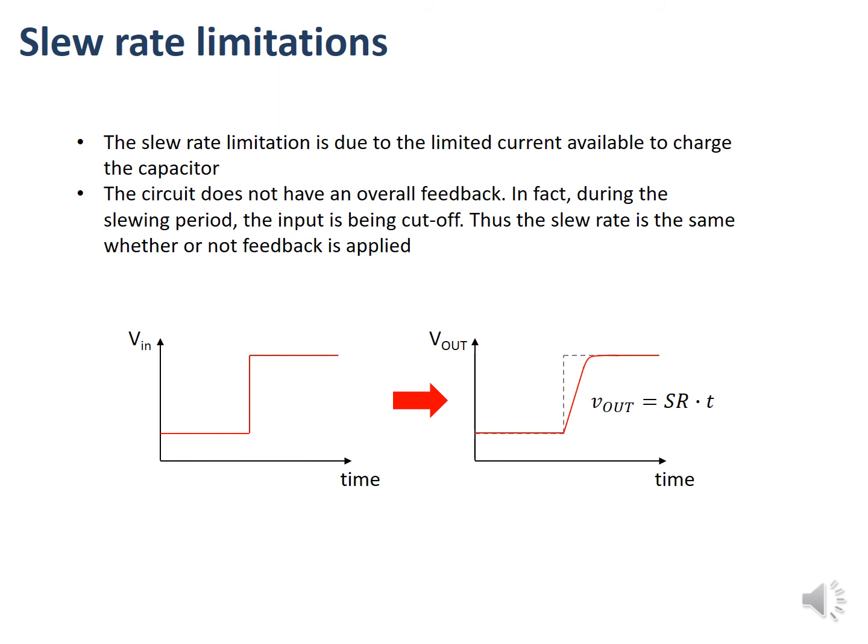So as we've seen, this slow rate limitation is due to the limited current that the differential stage can pass down into the amplification stage. And essentially that limited current can't charge the capacitors that are built into the amplification stage as quickly as we need to.